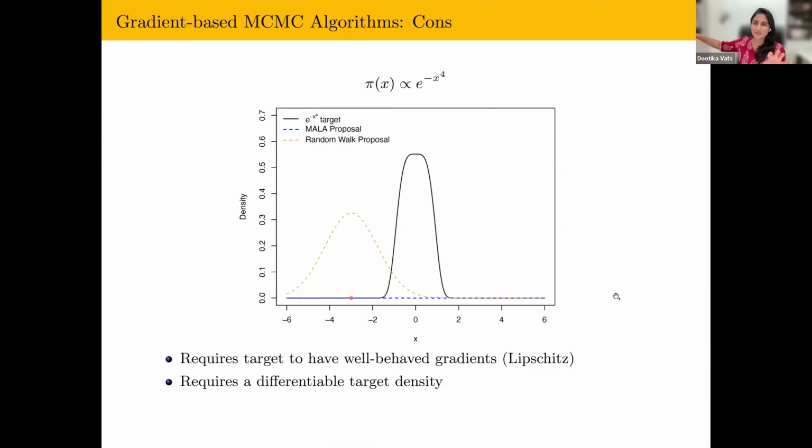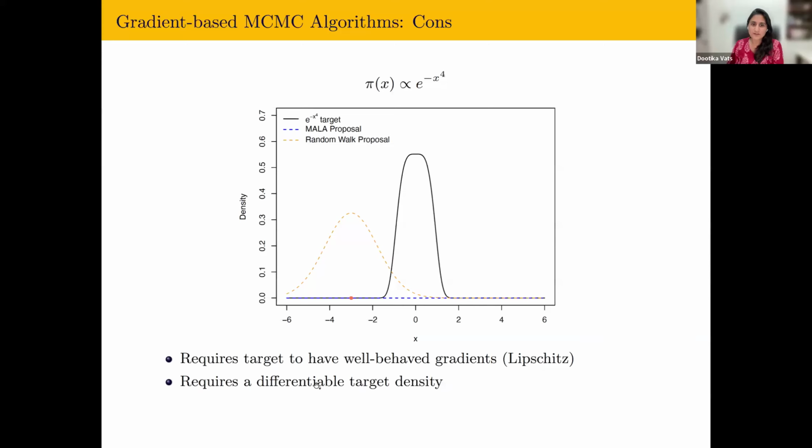So it's completely out of the plot right now. And that's because this particular target is not gradient Lipschitz, and so it doesn't have well-behaved gradients. The gradient doesn't really scale linearly. It scales cubically in x. And that makes MALA fairly ineffective in this example, especially if you don't choose your starting value well enough.